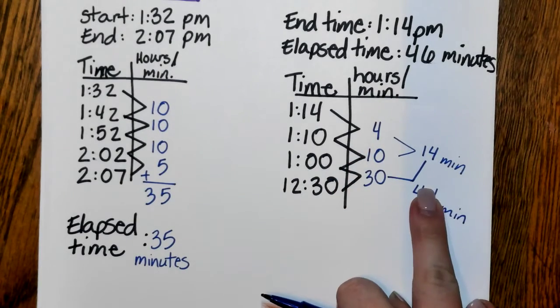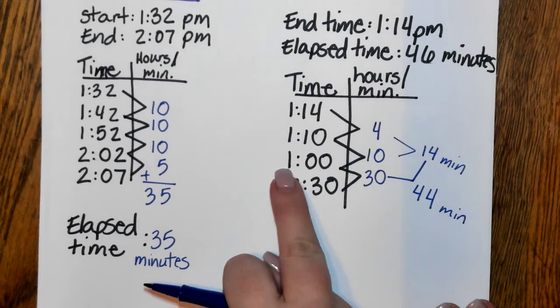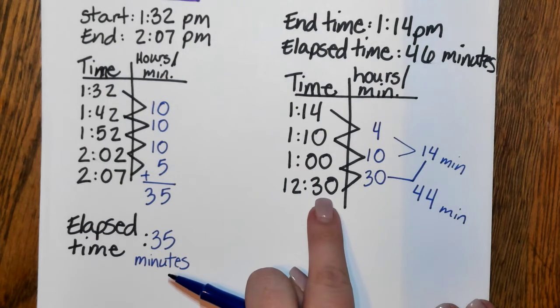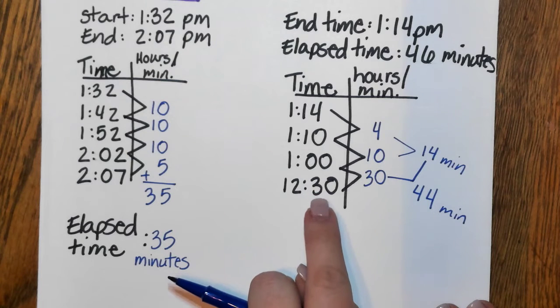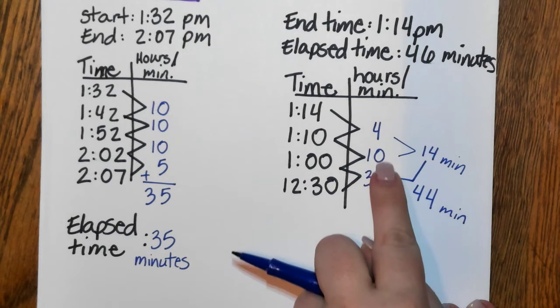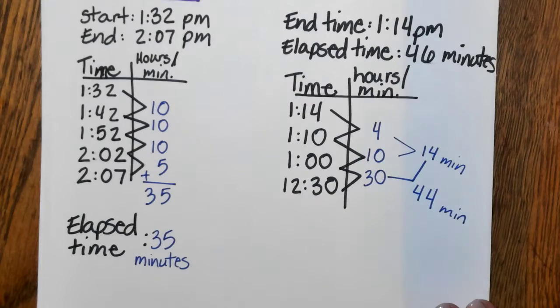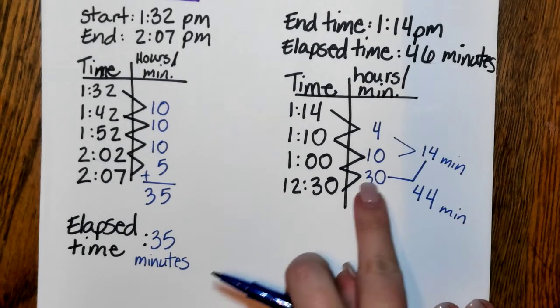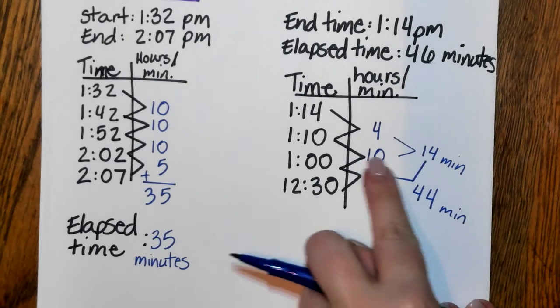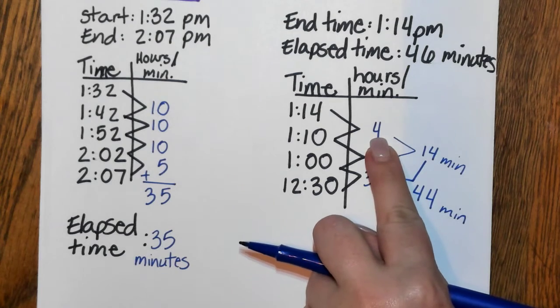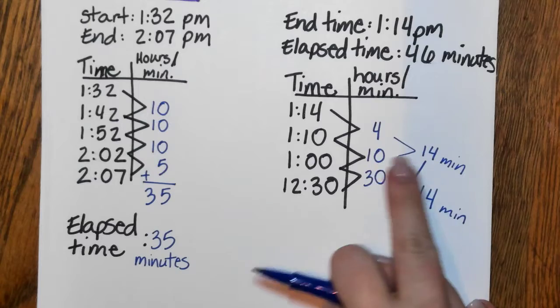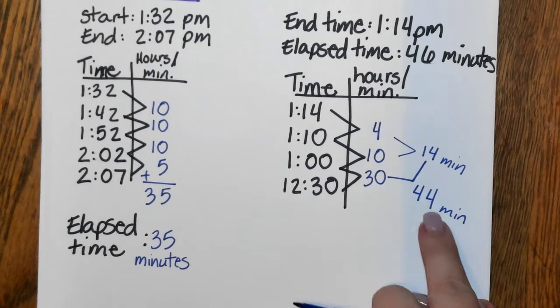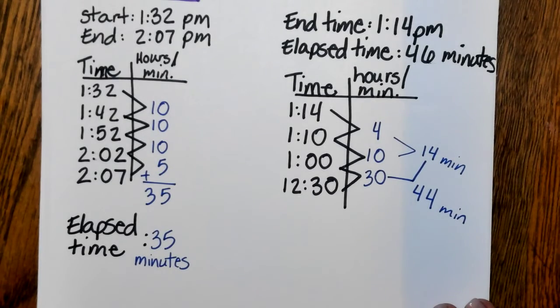Do you see how I did that? I went from 1 to 12:30. That moved back another 30 minutes. So if I'm keeping track of all of my minutes, I have 30 and 10 and 4. 30 and 14, that 10 and that 4, is going to give me 44 minutes.